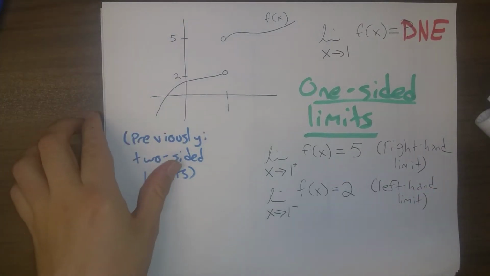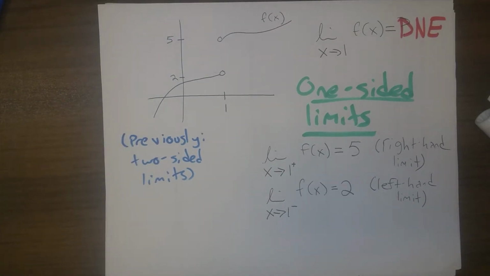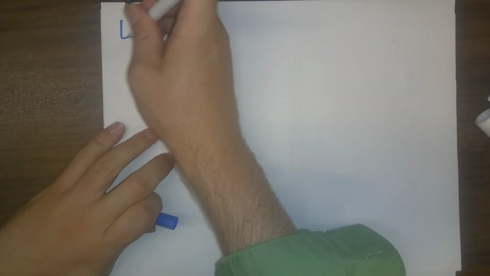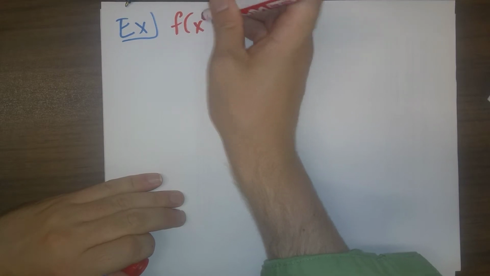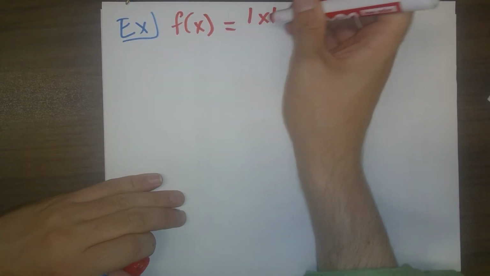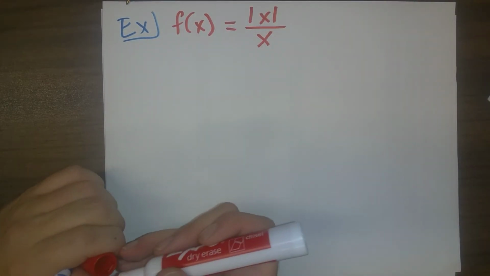Let's just work out an example with an actual function here to illustrate this concept. Let's say that our function f of x is absolute value of x over x.